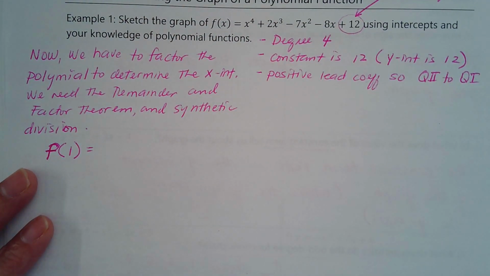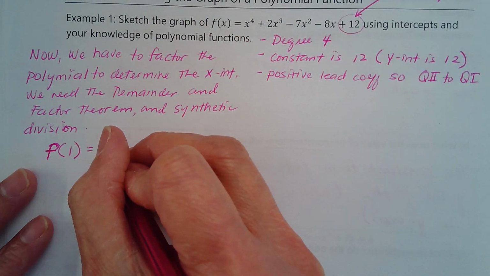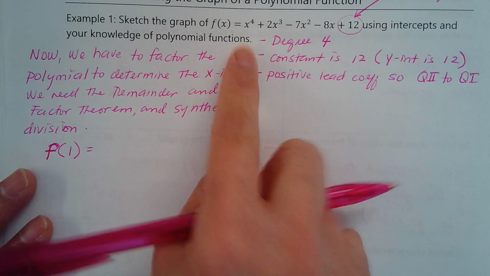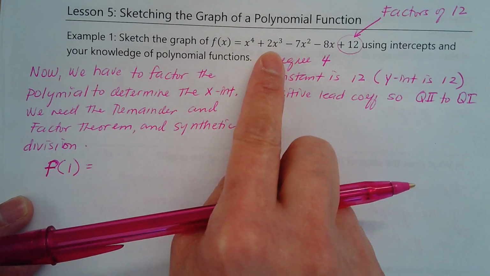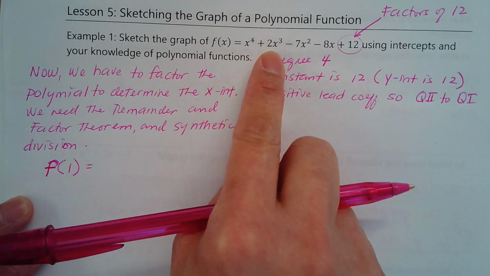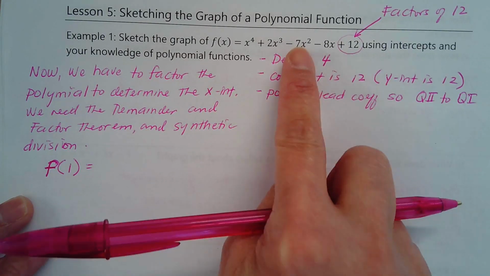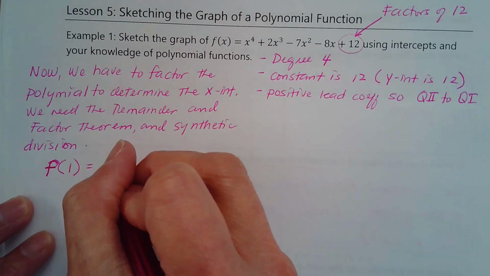If we put 1 wherever there's an x, P of 1 is going to be 0. Is that correct? Because that's going to give you 1 plus 2 is 3, plus 12 is 15, positive 15, and then this one will give us a negative 15, so yes, it is 0.